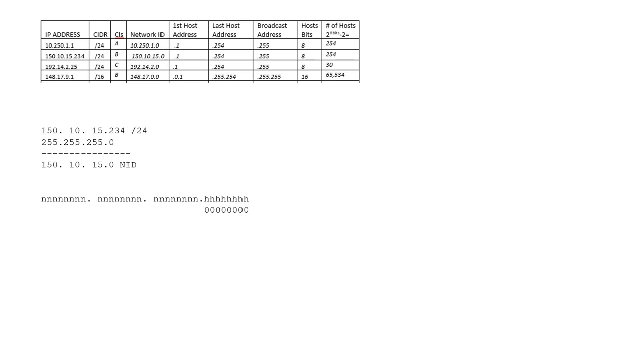And I'm doing this in decimal just to shorthand it. But this last piece, the host portion here, I'm just putting that in binary to line it up with the bits.